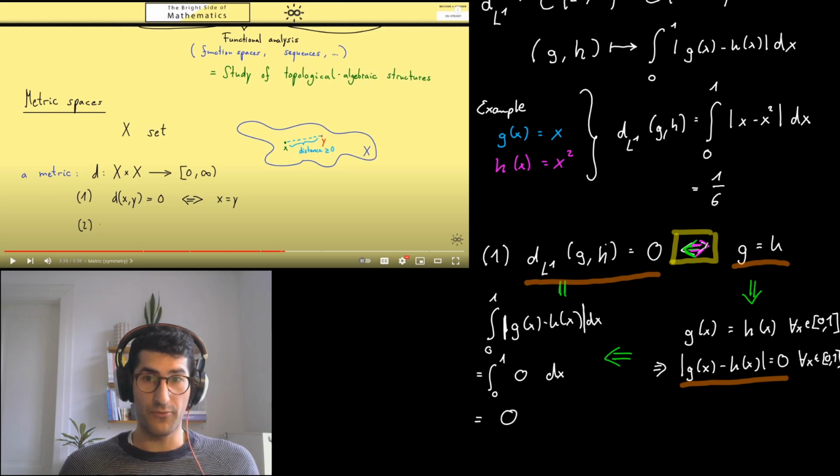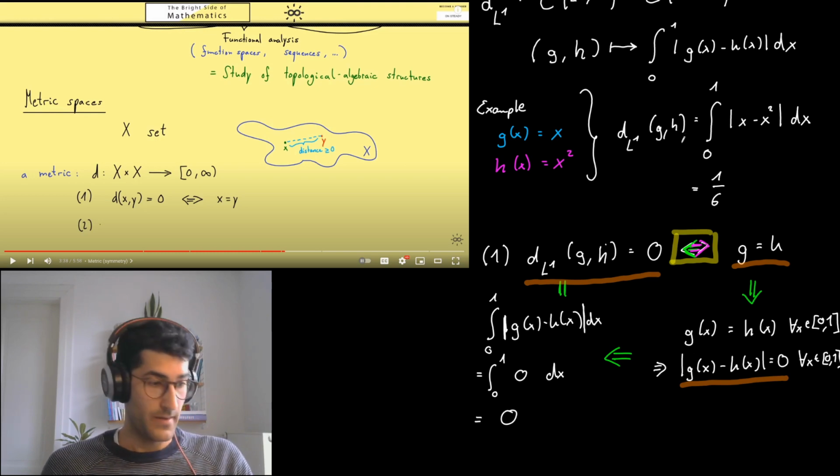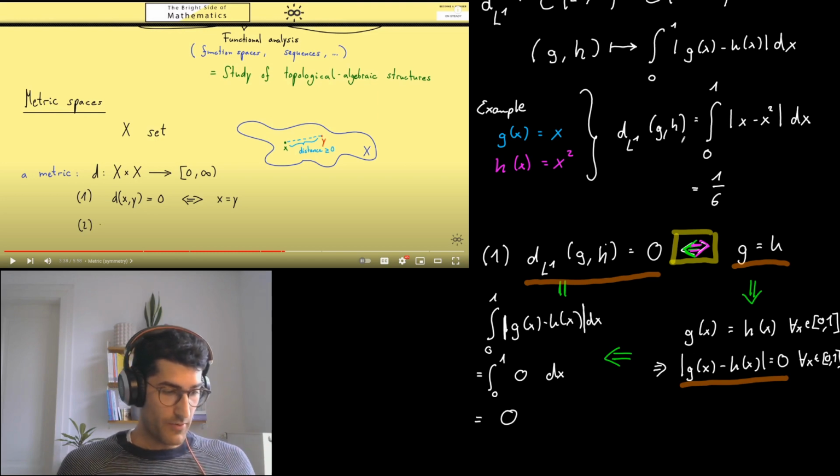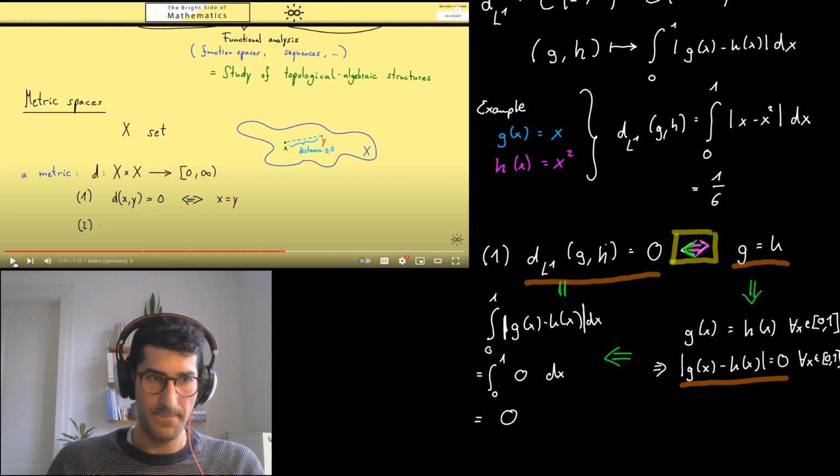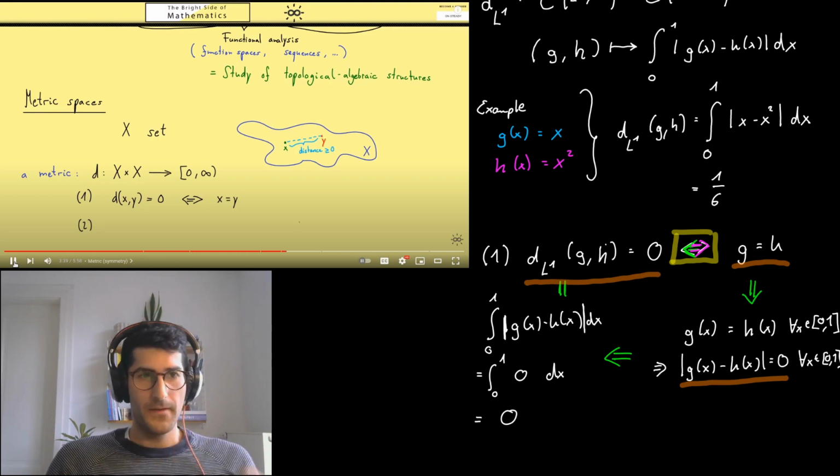So much for the first property that we call definiteness. Definiteness, to summarize, tells us if two elements have distance 0, they need to be equal, and vice versa. Next property. The property is also very descriptive.